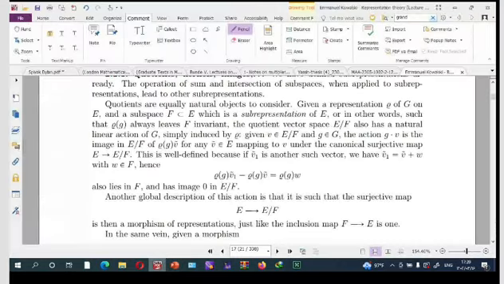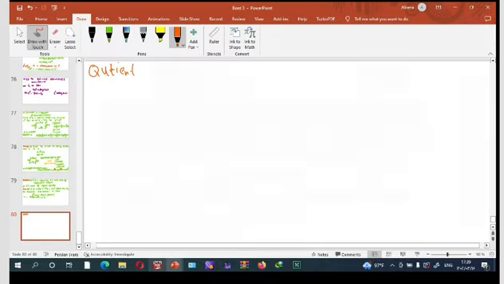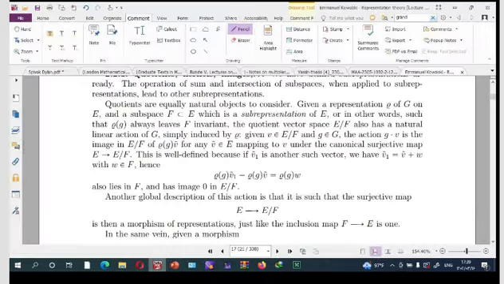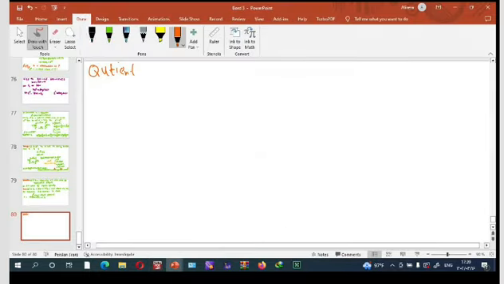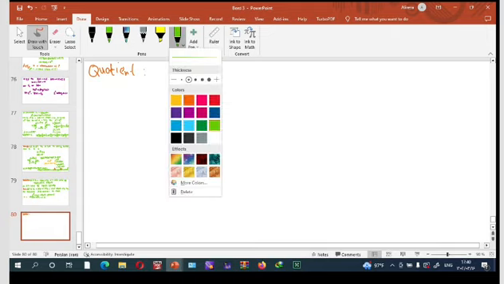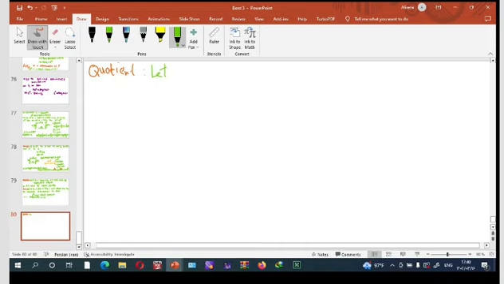Let rho from G to GL(E) be a representation.